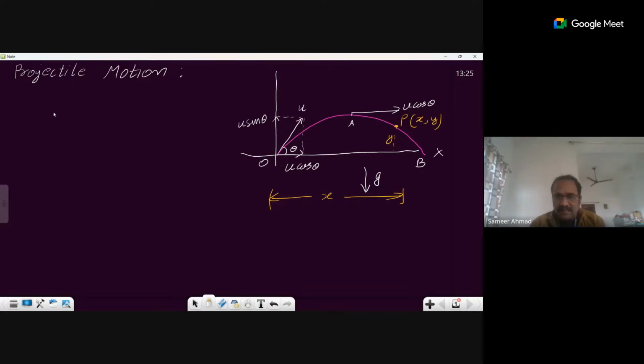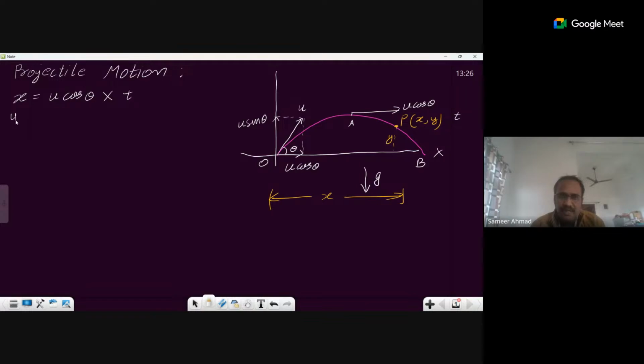Now, the x-axis displacement is the x component of velocity, or horizontal velocity, into time. The horizontal component of velocity is u cos theta and the time instant is t, where t is the time at which the particle arrives at point P. Now the displacement along the y-axis can be obtained by using the second equation of motion, that is the displacement time relation.